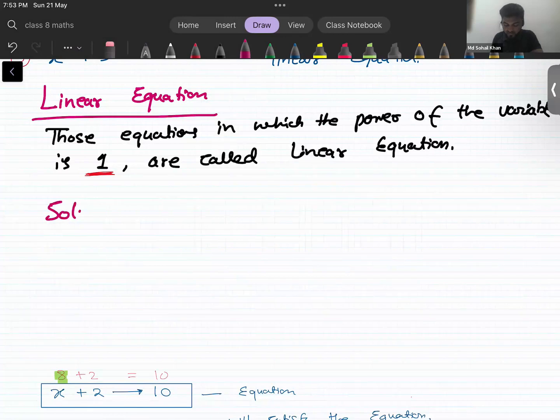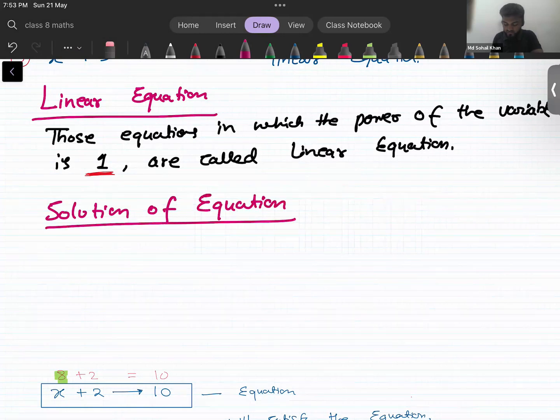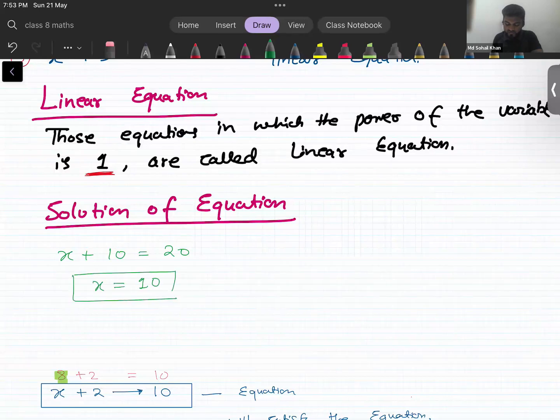Solution of an equation means the hidden value of the variable given in the equation. Like if I say x plus 10 equals 20, and if you solve it and find the value of x to be 10, then the solution of the equation is x equals 10.